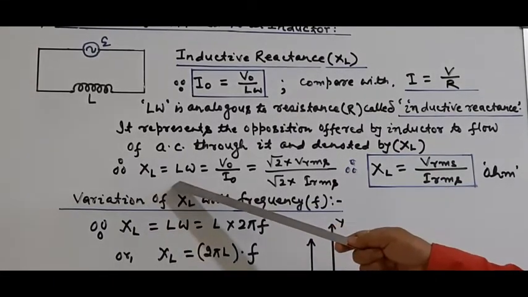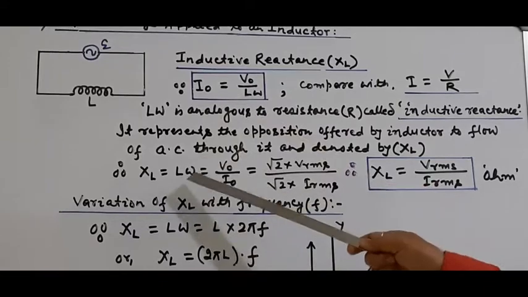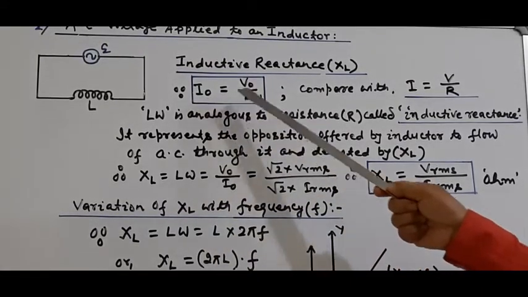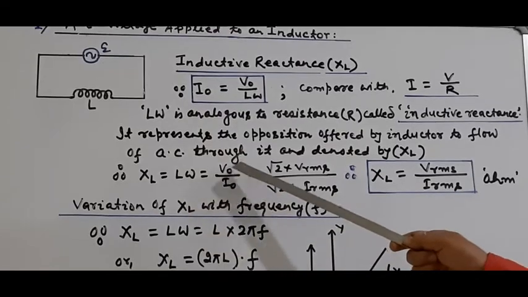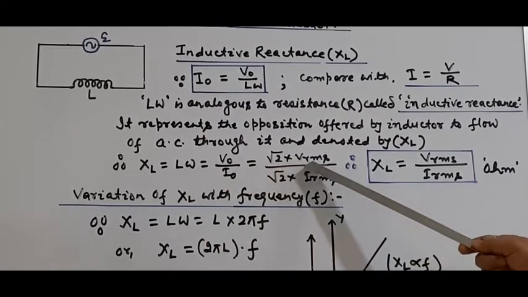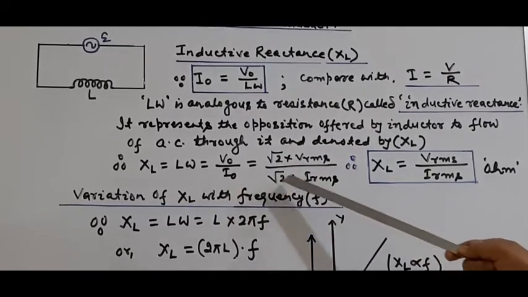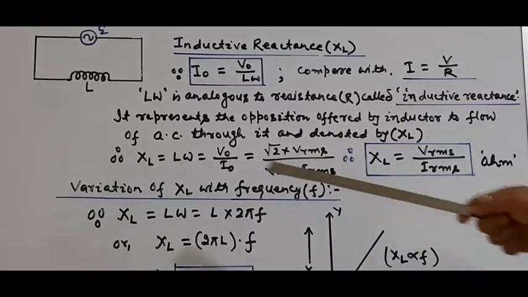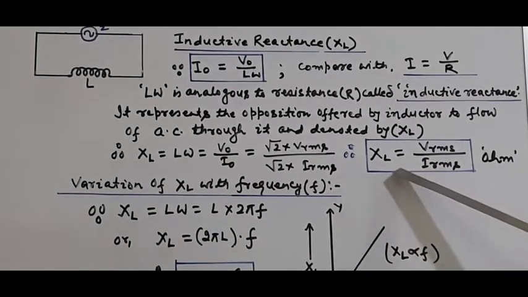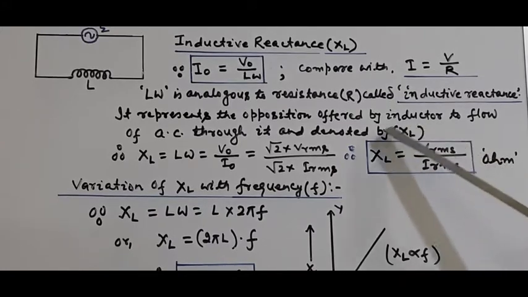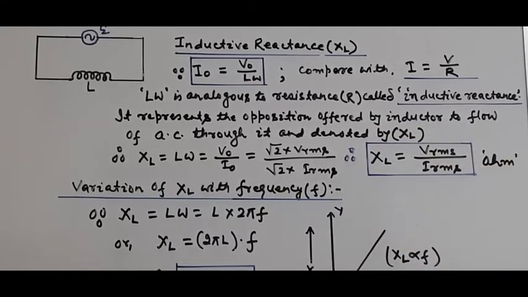XL is equal to L omega. From this relation we can find L omega is equal to V naught by I naught, and you know that V naught is equal to root 2 into Vrms, and I naught is equal to root 2 into Irms. So this root 2 will cancel out. So XL will be equal to Vrms by Irms, and this measures the inductive reactance.